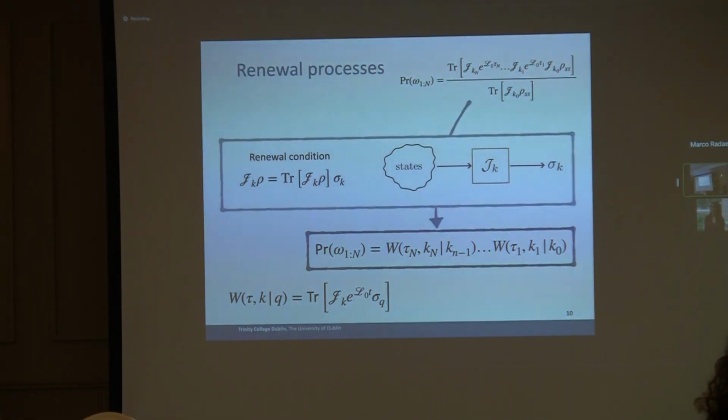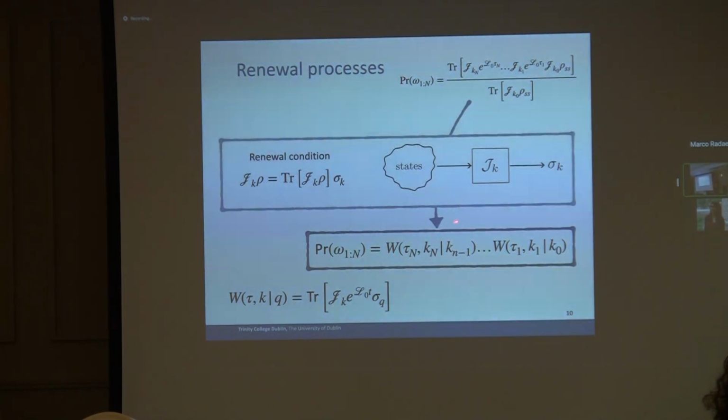Now, if this condition holds, then we can much simplify our probability. So we can simplify this expression a lot, and you can write it in terms of a product of objects like this. Each of these objects is what is called the waiting time distribution.